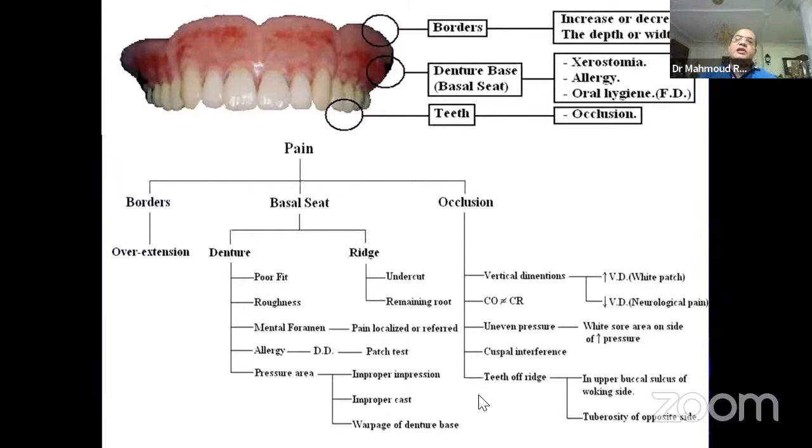If the lab sets the artificial teeth outside of the ridge crest or away from the ridge crest, it will cause trauma in the upper buccal sulcus of the working side, and also in the tuberosity of the opposite side.